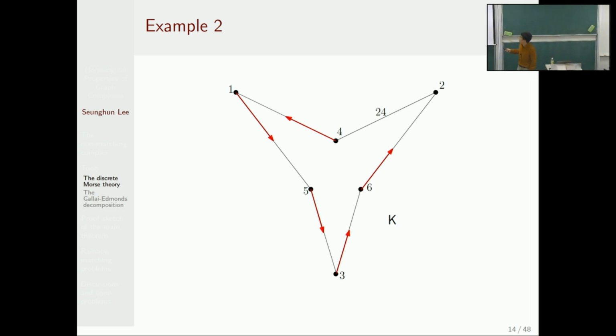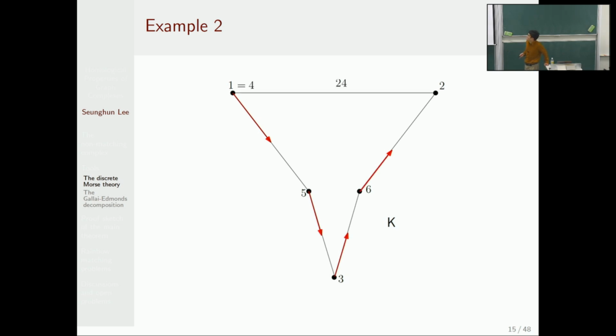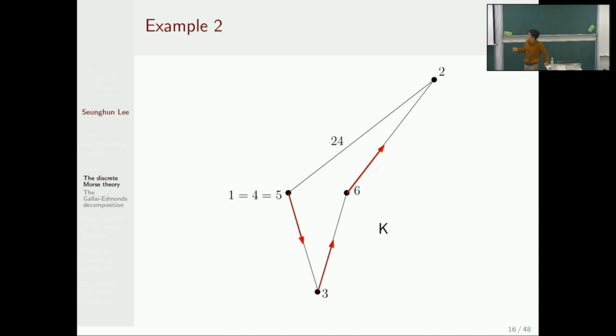For the other edges and vertices, for example this 4 follows this red edge until it meets 1. So it is basically a contraction in graph theory. It becomes like this: 4 goes to 1, and 1 and 4 are identified with each other, and so on.